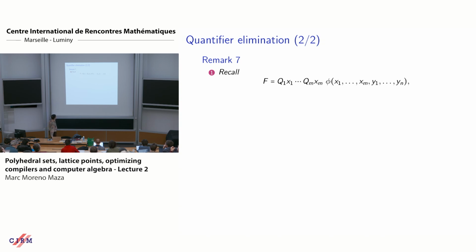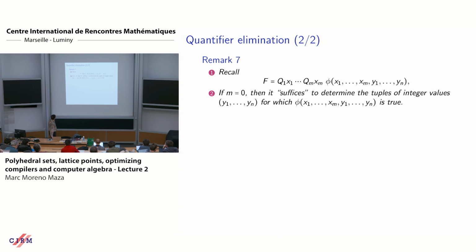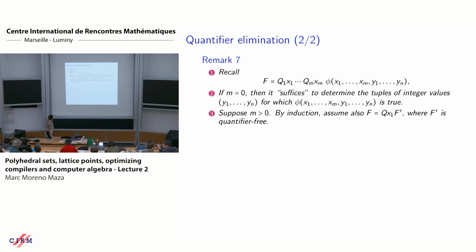So here is again my Presburger formula. If I have no bound variables, so if m equals 0, it suffices to compute all the points that make phi true, which can be done, for instance, by computing an integer hull. I'm getting back to this in a moment.